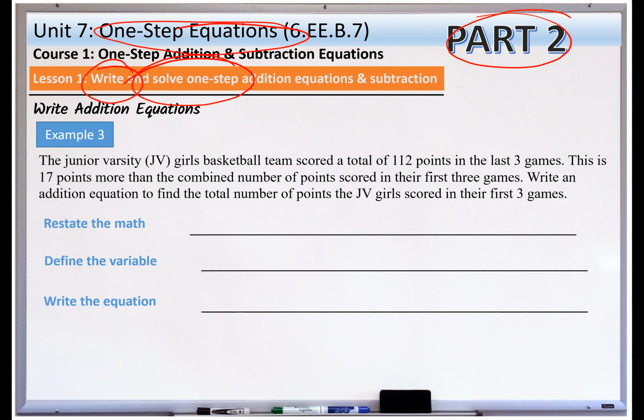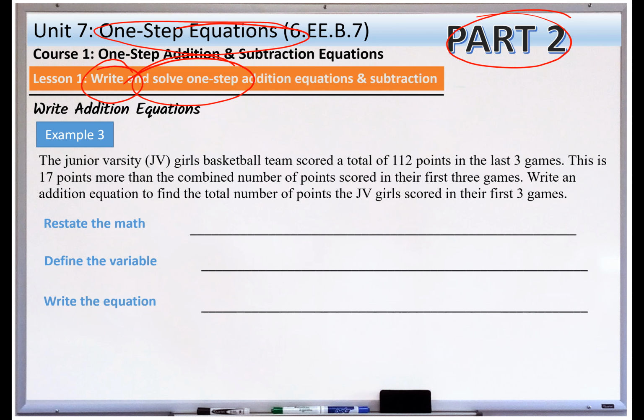The junior varsity, or JV girls basketball team, scored a total of 112 points in the last 3 games. This is 17 points more than the combined number of points scored in the first 3 games. Write an addition equation to find the total number of points the JV girls scored in the first 3 games.